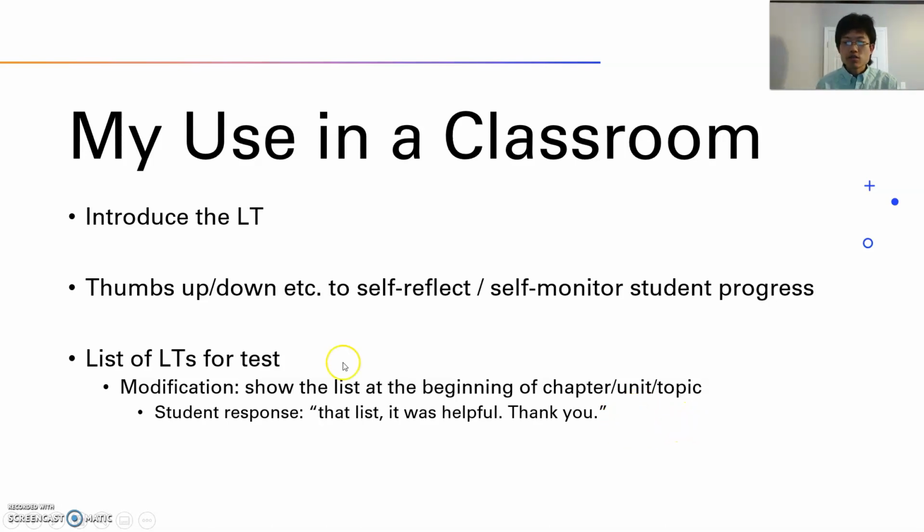I had a student say that the list was helpful and send appreciation. It would have been much stronger if I had done it this way, but even just for this test, they liked it. So if you haven't used learning targets in the classroom, I think it will be worth it.